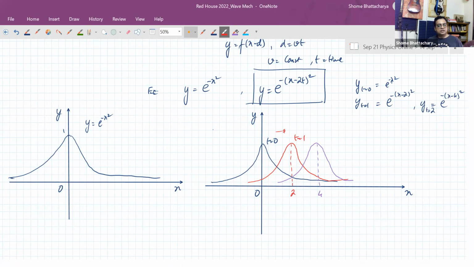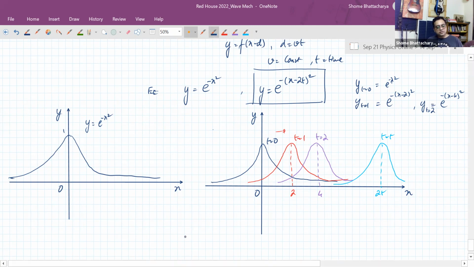So in general, at some time t, this pulse would have shifted like this, where this value will have become 2t at time t. Okay. So if we transform a function y is equal to f of x into a function f of x minus vt, we change the argument of the function to this.